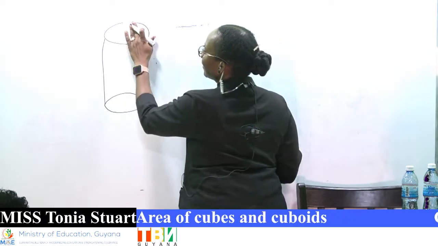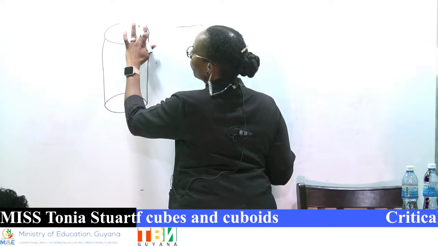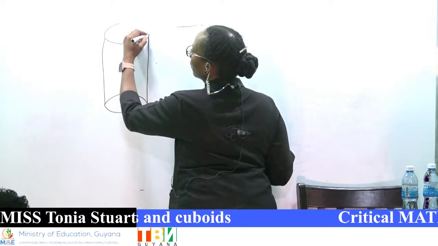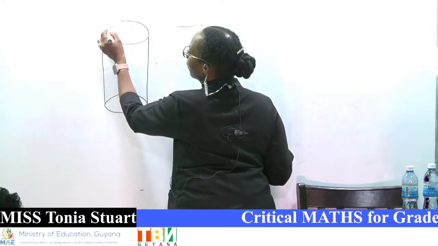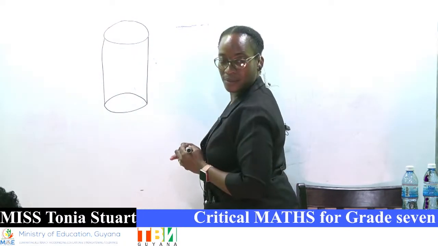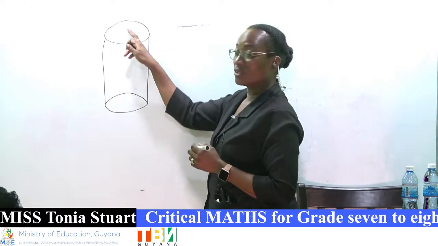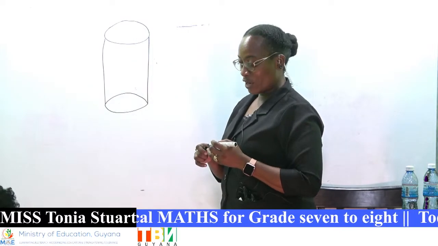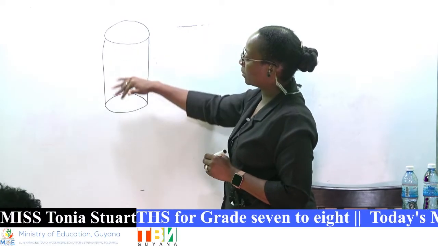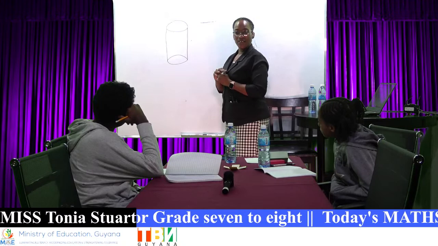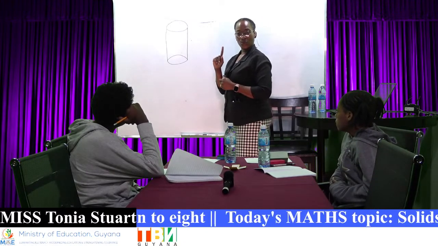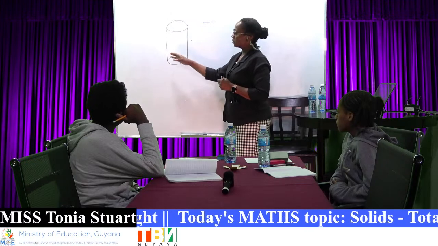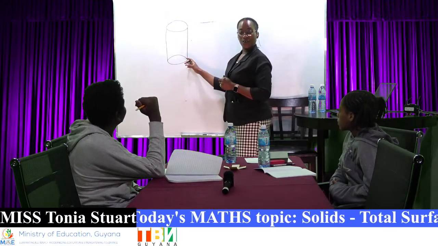Visualizing from the drawing, what could you tell me? You have 2 circles. So if this was an enclosed cylinder and we had to find the surface area, what is one of the areas we need to know? The area of a circle.